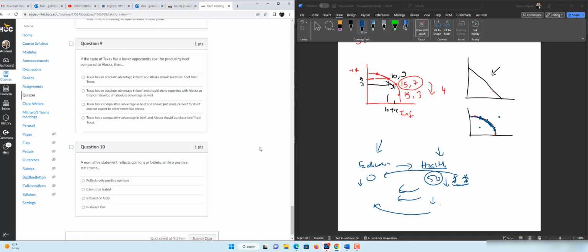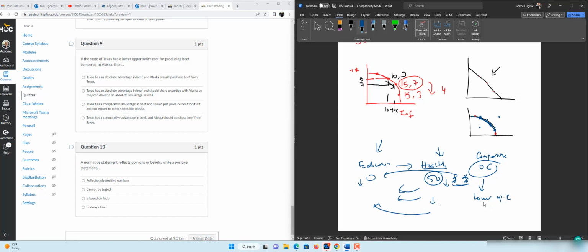Question 9. If the state of Texas has a lower opportunity cost for producing beef compared to Alaska, so here is the idea. Comparative advantage depends on opportunity cost. The countries that have lower opportunity costs should produce the good.